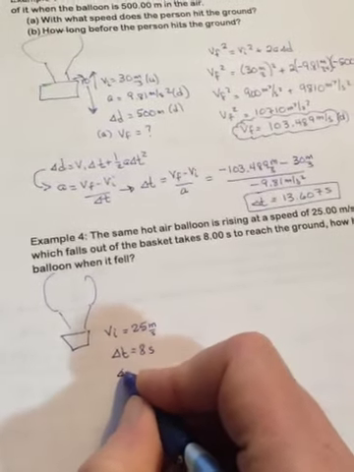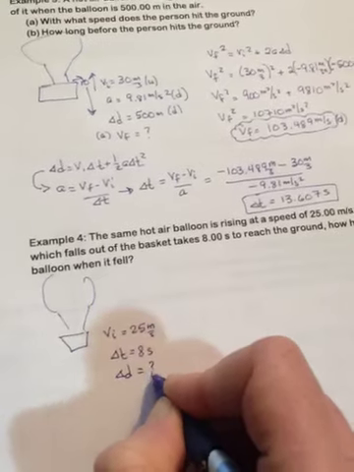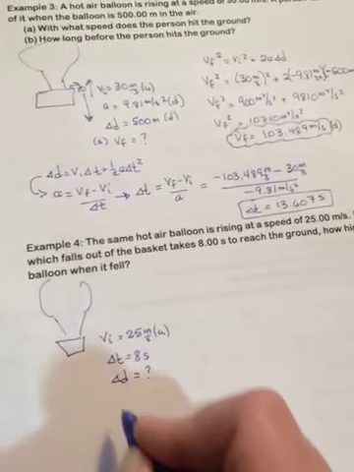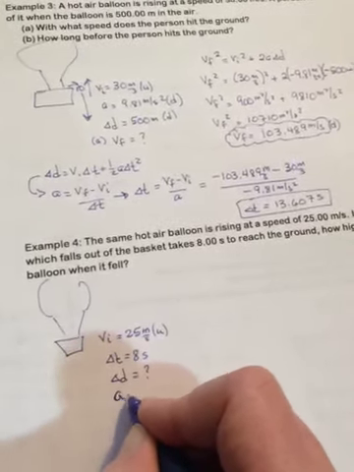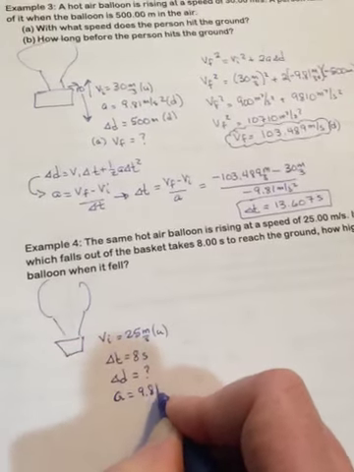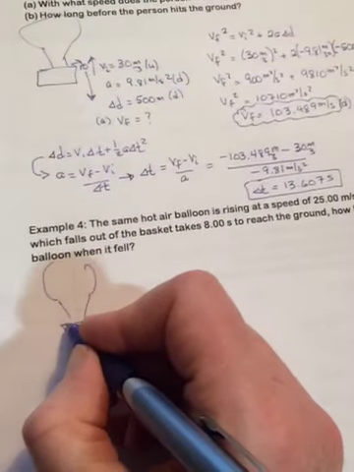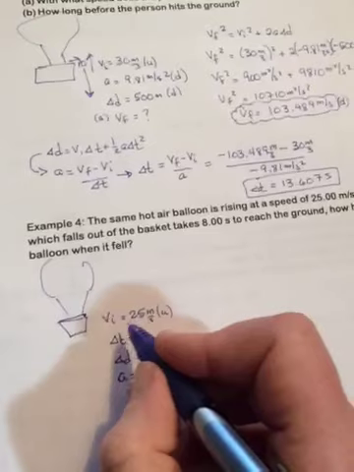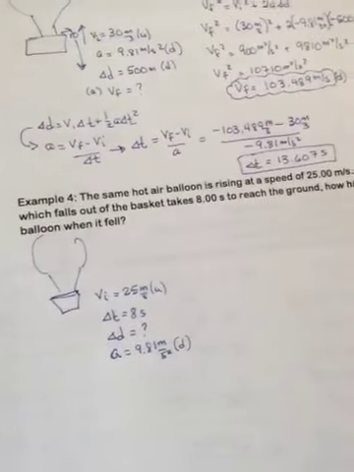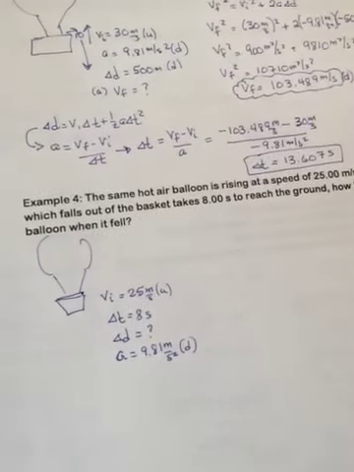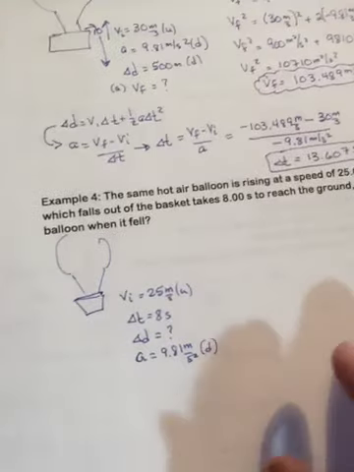So you're looking for delta D. This will be up, and of course A is 9.81 meters per second squared down. So again, if the object is in the balloon as it's rising, when it falls out of the basket, that becomes the object's VI, because that's the speed it's initially going when it falls.